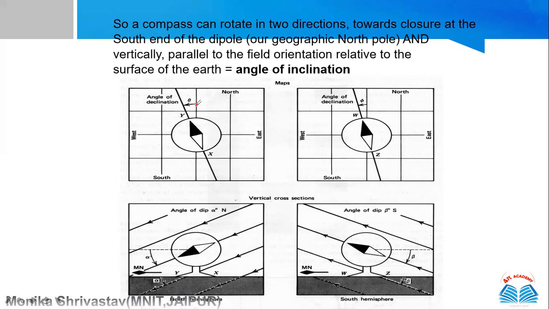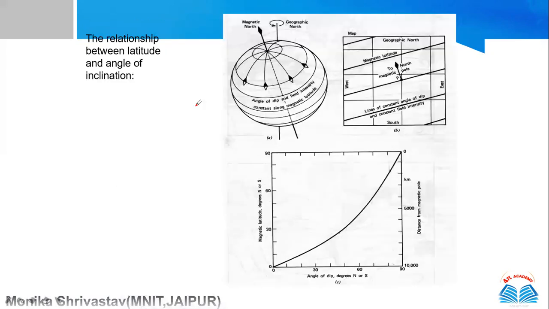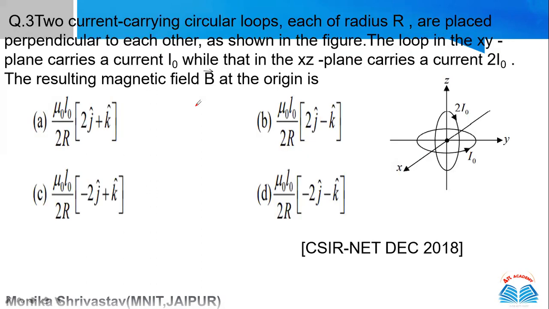This is all angle of inclination, and the compass will always have its direction towards the north pole. So the relationship between latitude and angle of inclination is not an important slide. Like, we are moving ahead towards some questions.